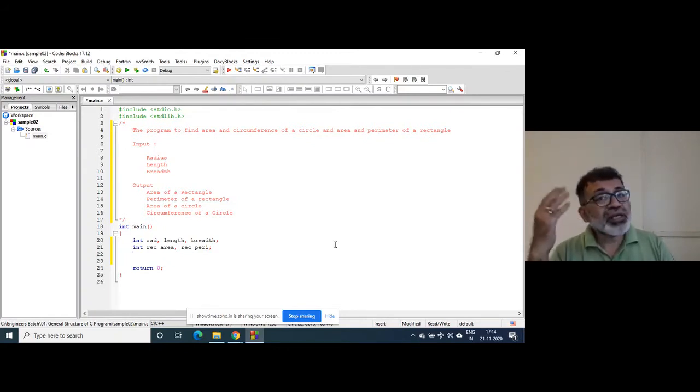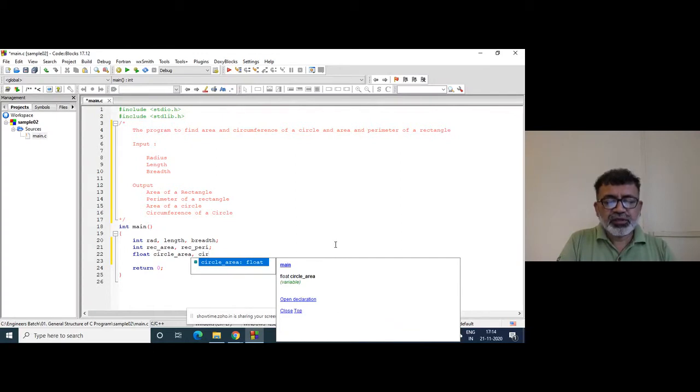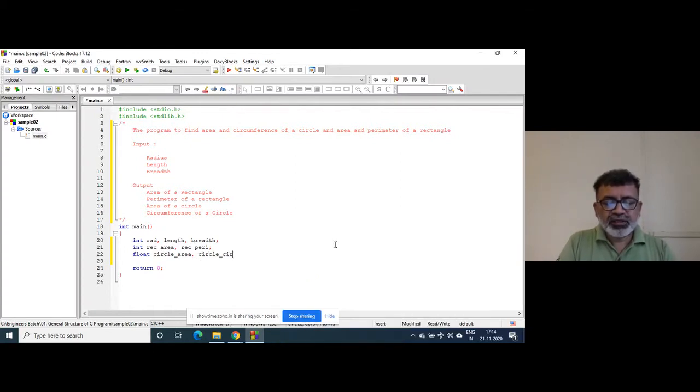These are going to be real numbers. Why? Because in the formula there is some float value. So you can declare the variables as float: circle area and circum, right?